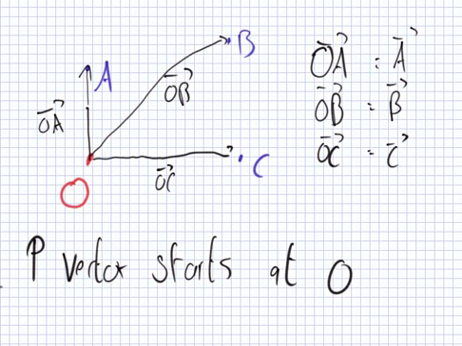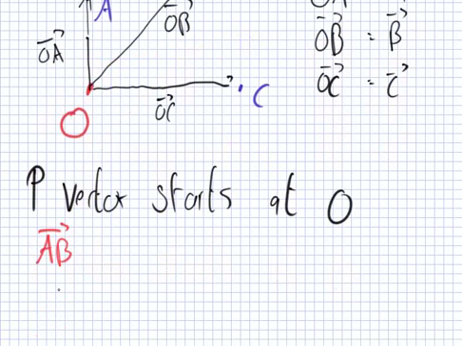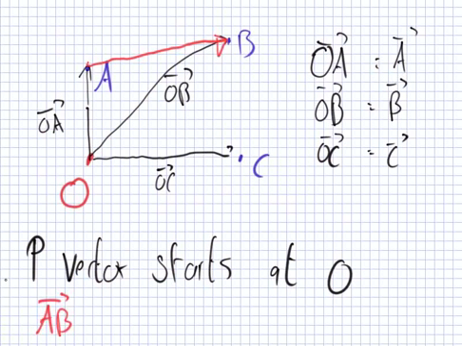Okay, so triangle rule now. So suppose we want to find this vector here, A to B. So A to B. Well, if you look at A to B, you can see that A to B is A to O plus O to B. Can you see that?